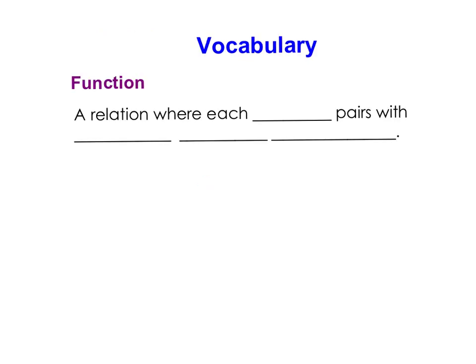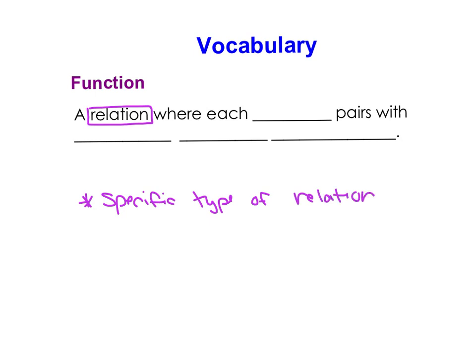So what we're going to do now is use that definition of relation and expand it to discuss what a function is. So a function is a relation. This is why we have to know the word relation first, because a function is a type of relation. But essentially it's a specific type of relation. And we're going to talk about what that is.